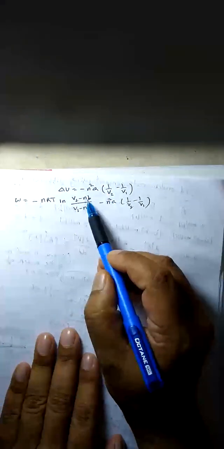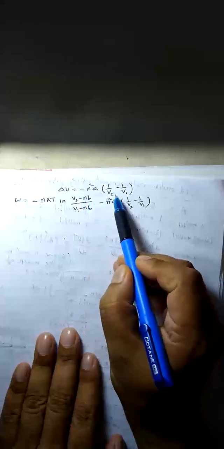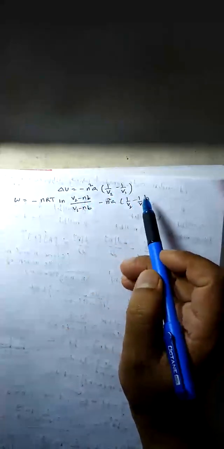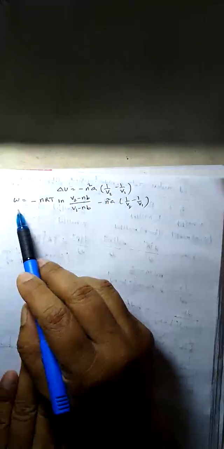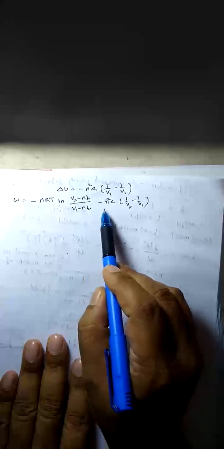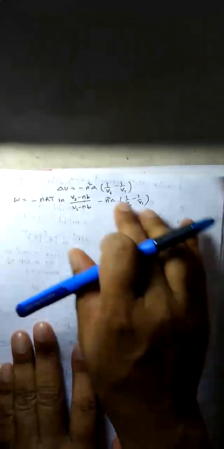We also derived it, which is equal to minus n square A (1 by V2 minus 1 by V1), where V1 is the initial volume and V2 is the final volume. We also derived work done, W is equal to minus nRT ln (V2 minus nB) divided by (V1 minus nB), minus n square A (1 by V2 minus 1 by V1). We derived these two equations already in the previous video.